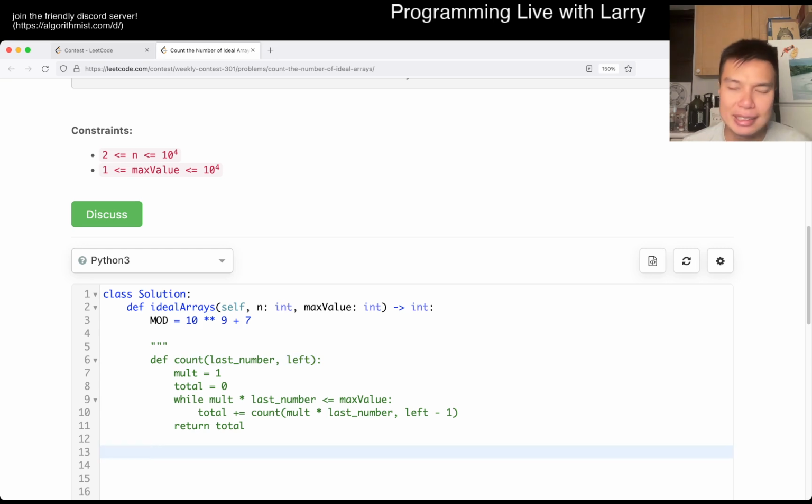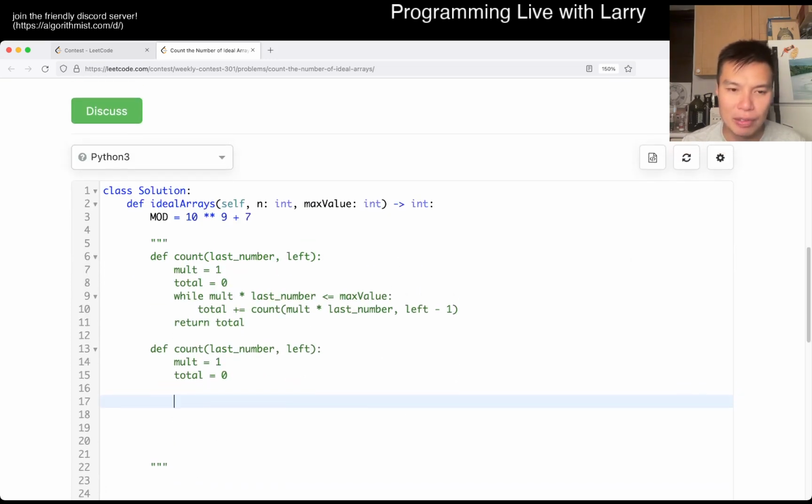The second thing that I did was convert this to go backwards. Instead of going to the last number, I go backwards, so multiple is equal to 1, total is equal to 0, same idea.